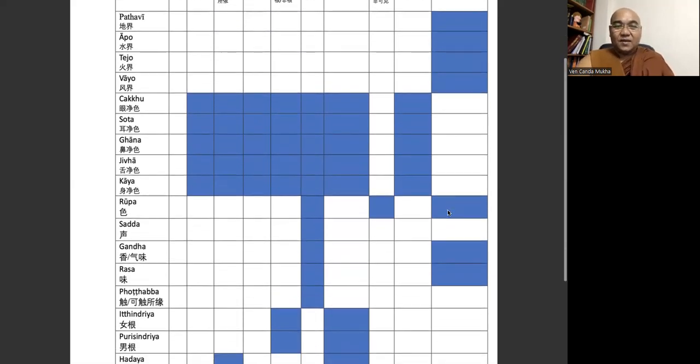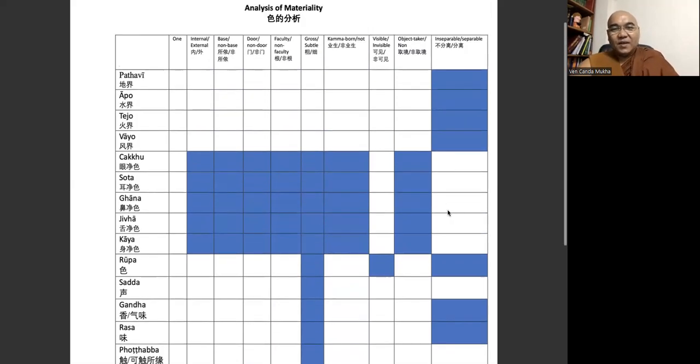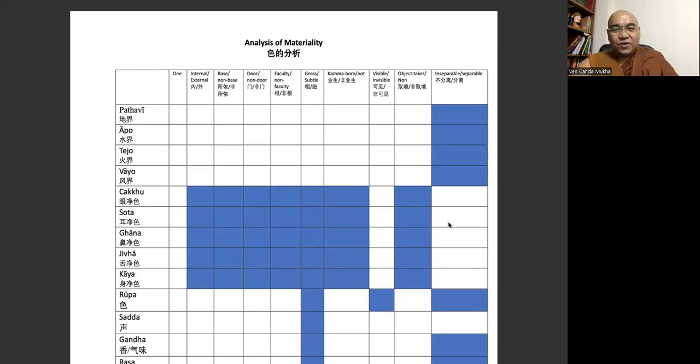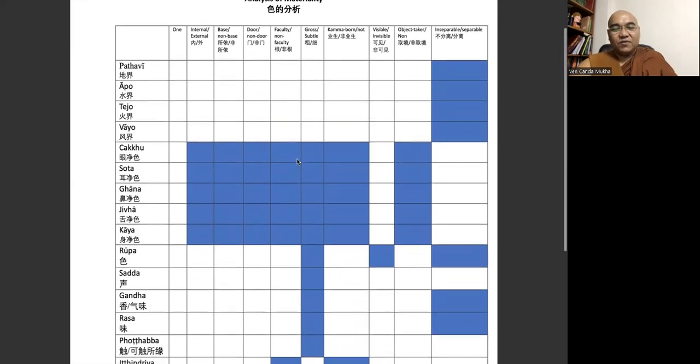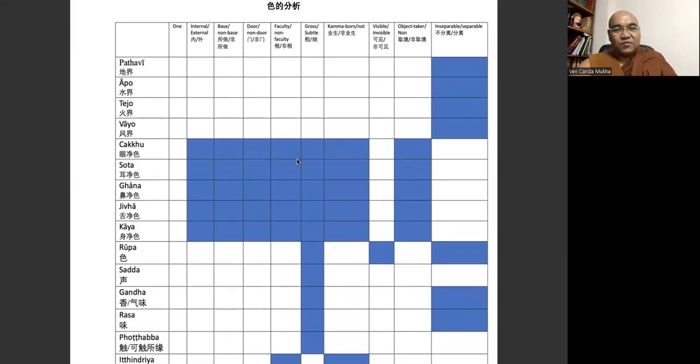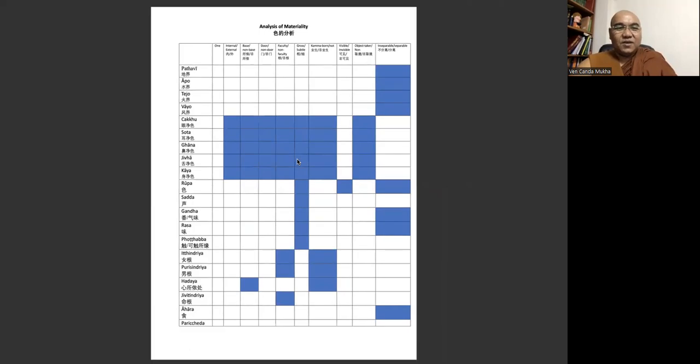So eye and ear cannot be together; they can be separated. In this way, we have such a kind of analysis of the materiality. Maybe you can look at the chart, and then you may be able to analyze the 28 rupas.